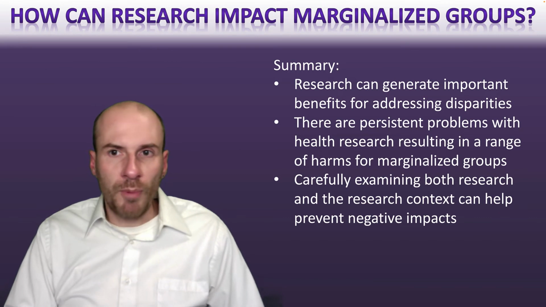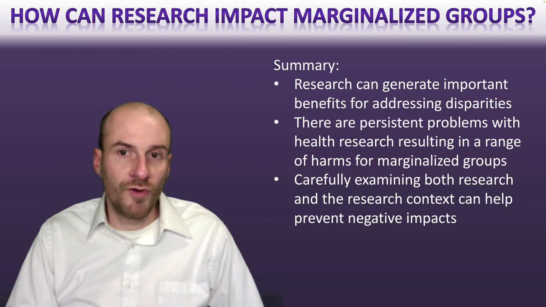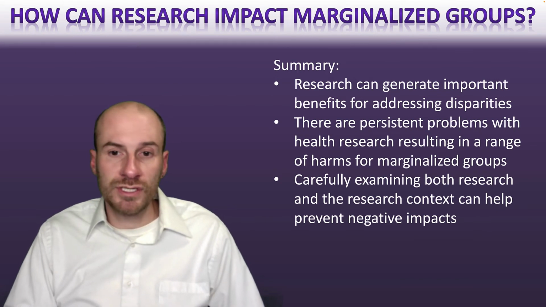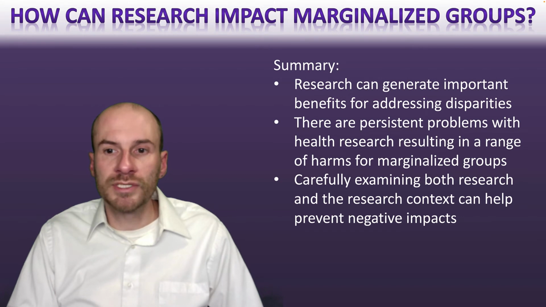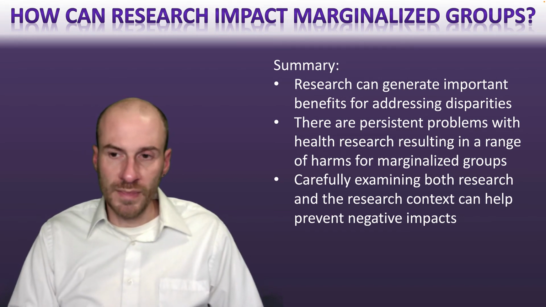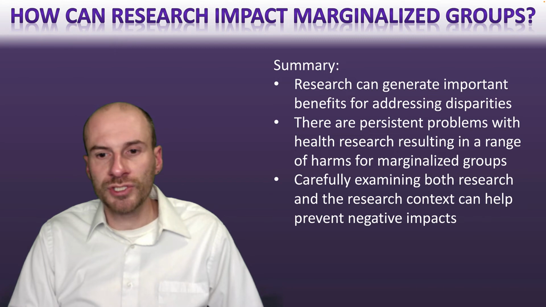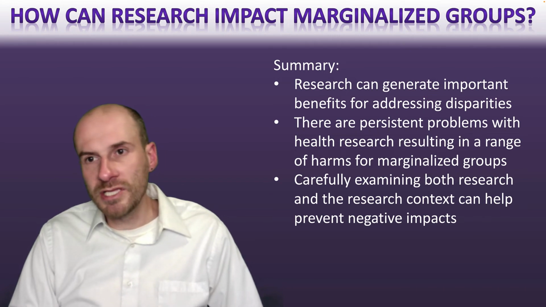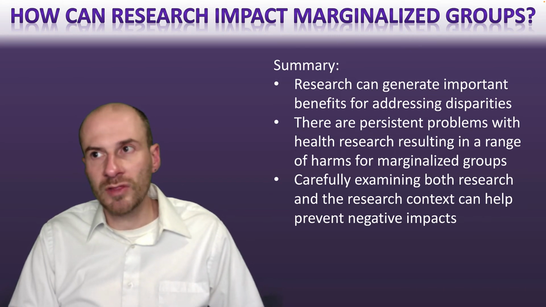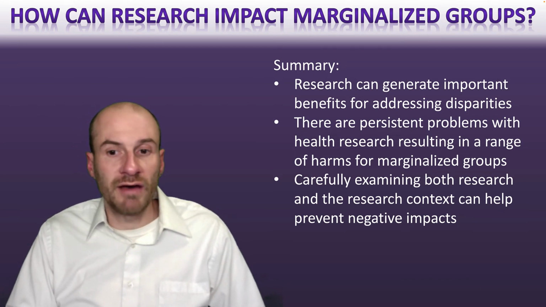So the overall point here is that research can actually really have major benefits for folks and address some of these major disparities, but there's major and consistent problems that we see in terms of impacting marginalized groups. Now, we also have ways that if we sit down and we think about research, we think about what has been done, we think about the methods, we think about what it means in the larger picture, we can actually prevent a lot of these problems, right?